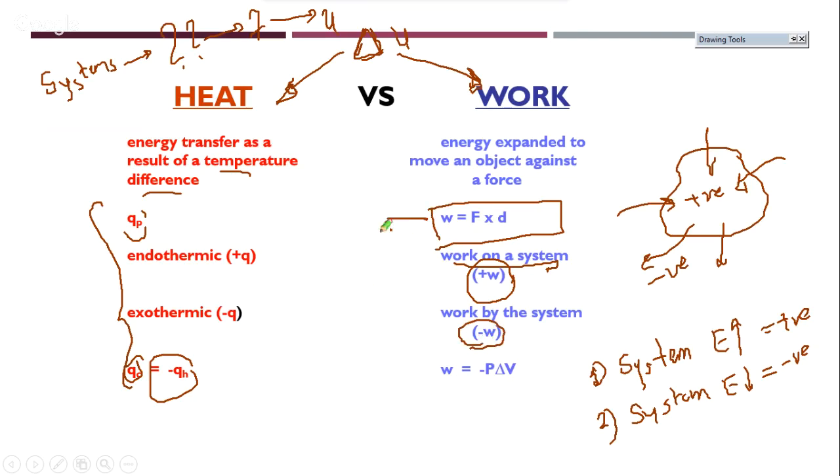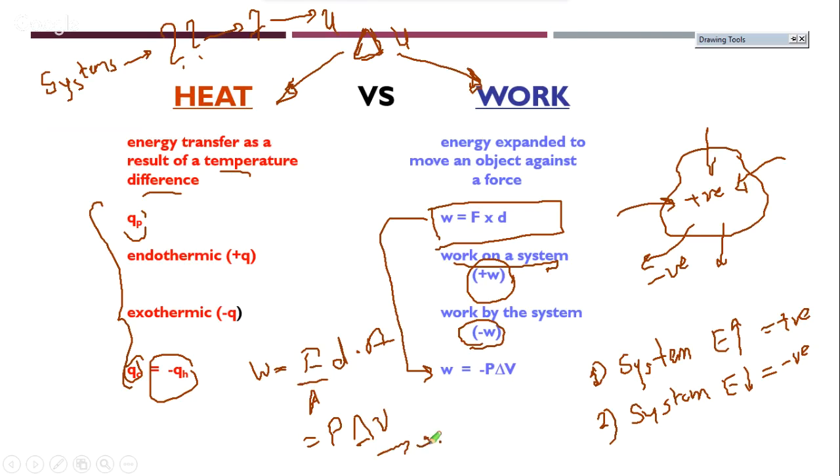Now one quick derivation from W to minus P dV: force into distance is basically our work. If we simply divide by area and multiply by area, then force by area is nothing but pressure, and distance into area is nothing but change in volume. But the change in volume in expansion is going to be positive. If something is expanding, delta V is going to be positive, because delta V is nothing but final volume minus initial volume.